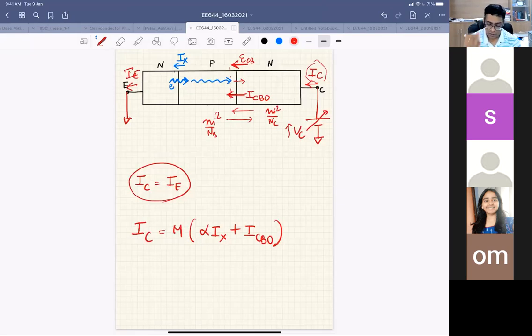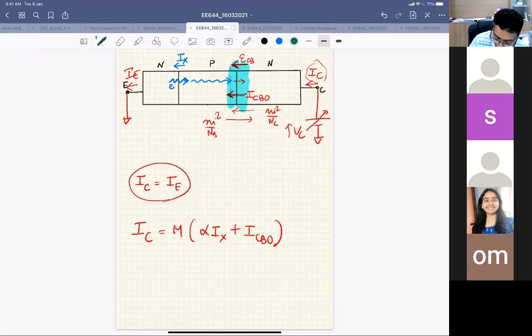So what is happening here is, if you look at this junction, I have impact ionization happening at this junction, because this is the reverse biased junction. When the impact ionization is happening, that means I am generating electron hole pairs at the collector base junction.